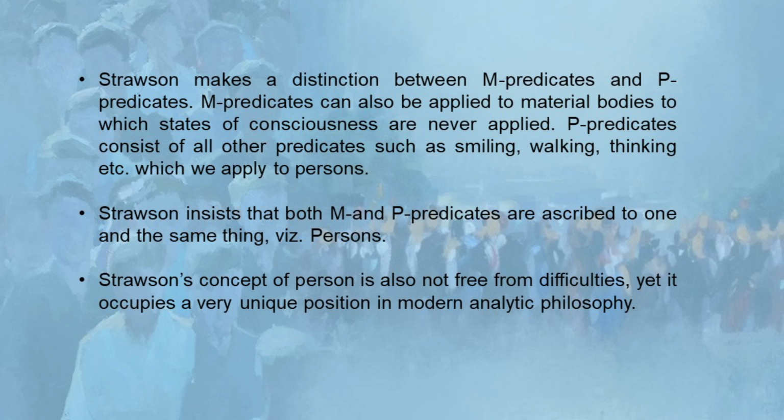Another point we have found in this unit is that Strawson insists that both M and P predicates are ascribed to one and the same thing, that is, person. And the last point is that Strawson's concept of person is also not free from difficulties, yet it occupies a very, very unique position in modern analytic philosophy.